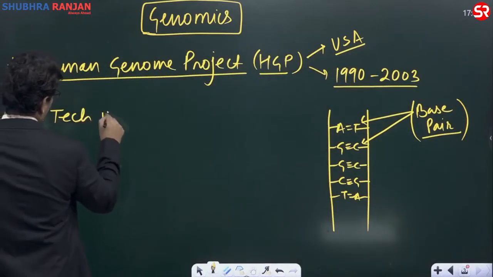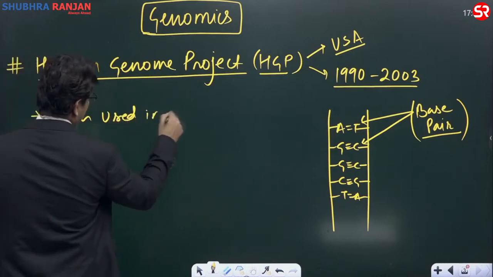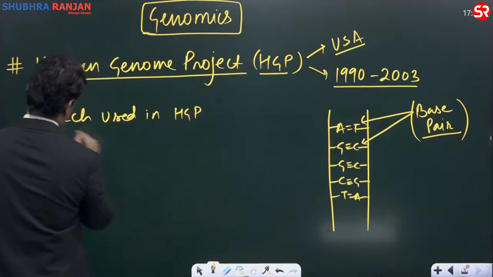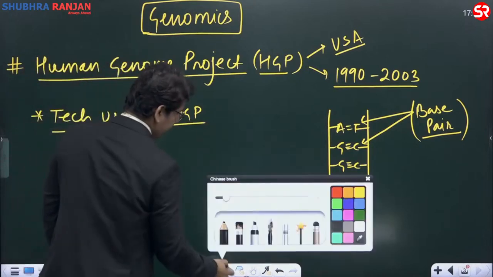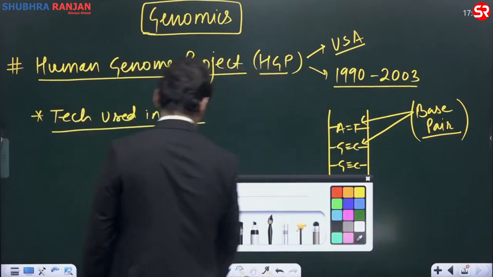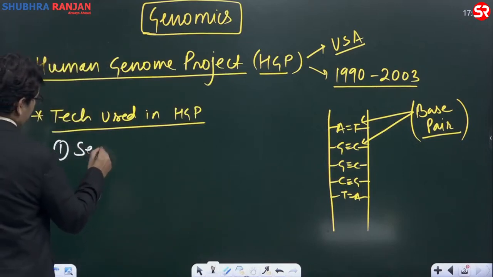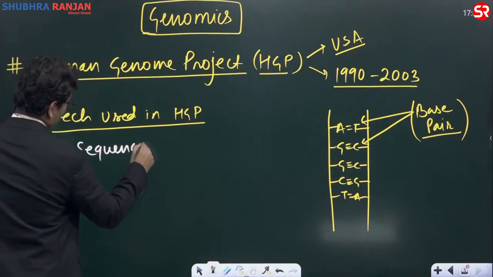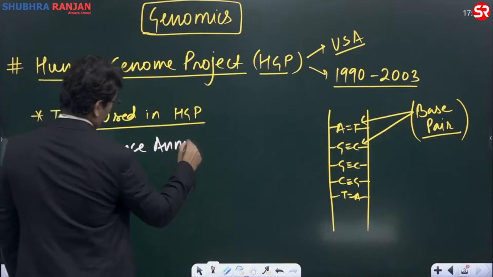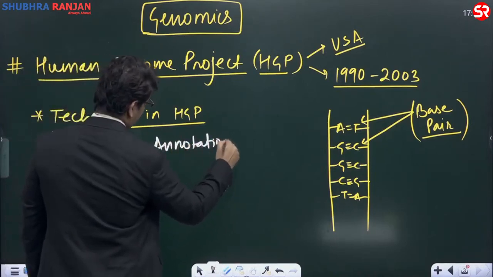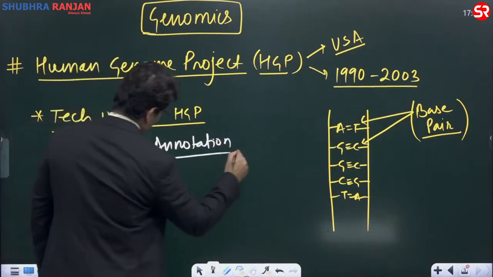So you can write, next: technology used in HGP. The first is called sequence annotation.